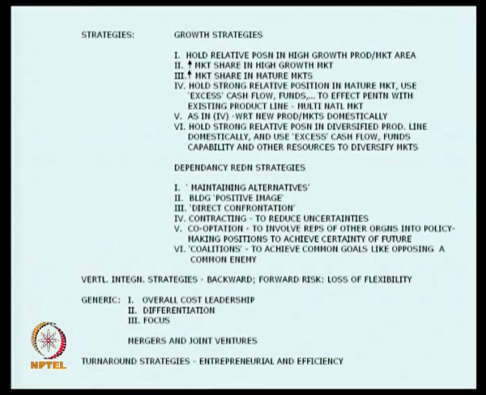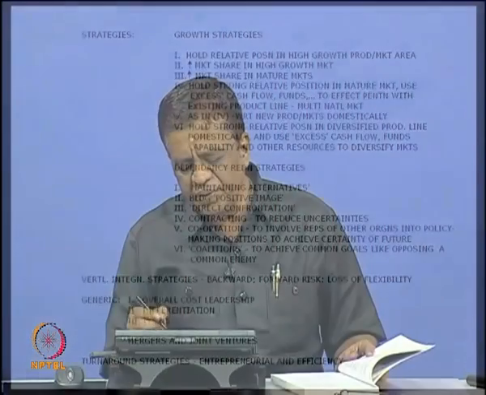The next one is what is called the turnaround strategies. These turnaround strategies are resorted to by companies which can be of two categories. One can be an entrepreneurial turnaround, the other could be an efficiency turnaround. What do we mean by an entrepreneurial turnaround? A single person turns around an organization.